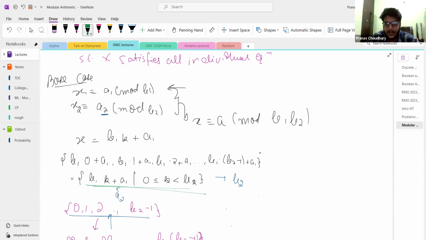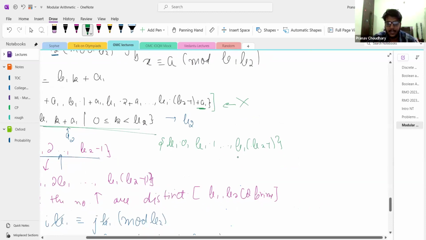So you just basically see this set, right? These are some remainders. I know that my x is in this set. If I forget this a1 for now, then the numbers in this set are just some possibilities of remainder modulo b1 b2: b1 times 0, b1 times 1, and so on till b1 times (b2 minus 1).